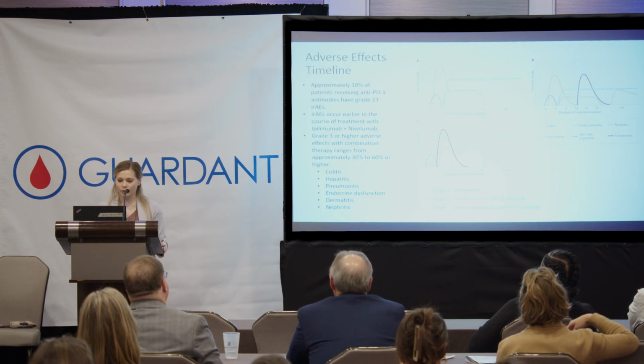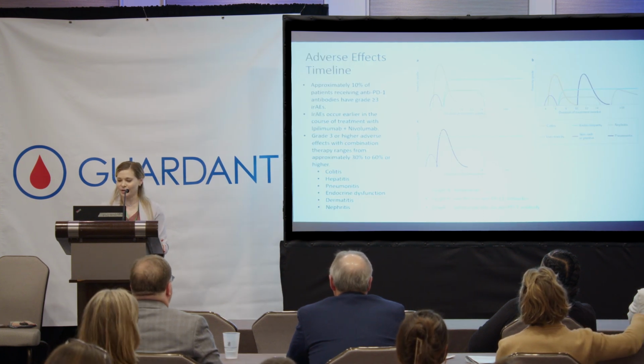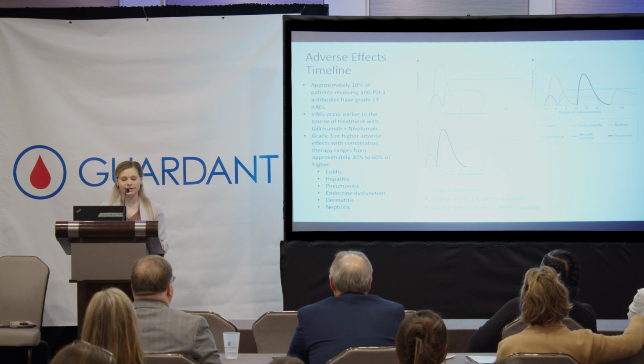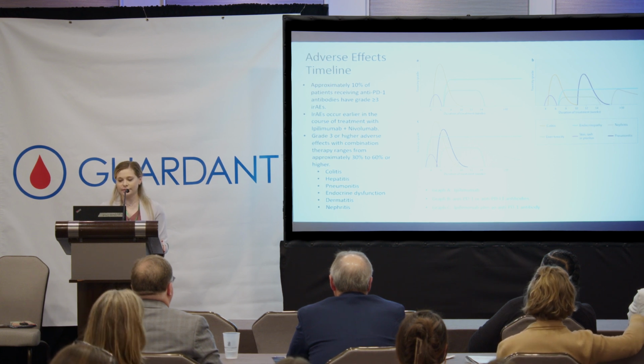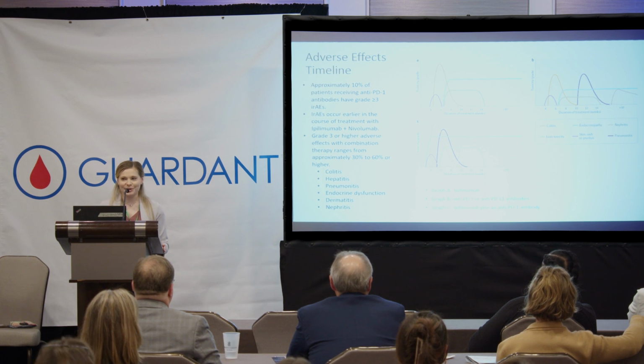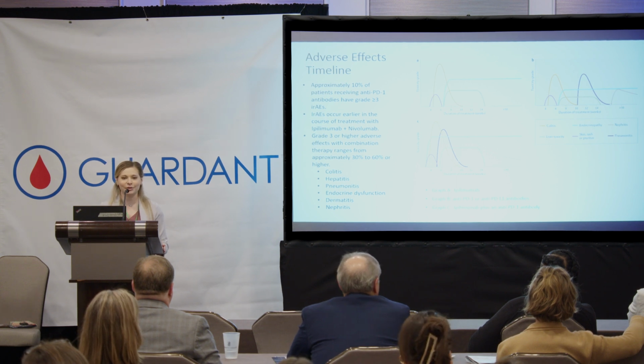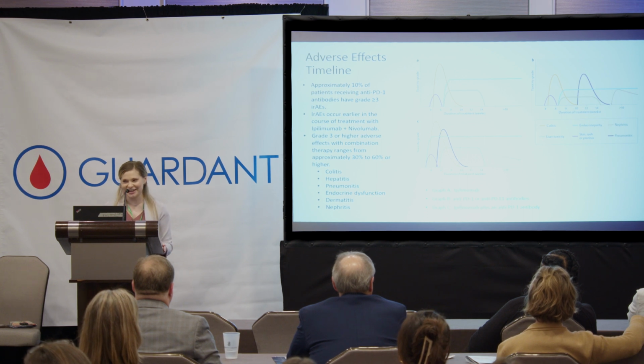While some adverse events may appear early in the treatment process, others can happen weeks to months after initiating treatment. Side effects are possible even after stopping. Usually on that last slide, when I'm talking to my patients about side effects for their upcoming immunotherapy treatment, that's when they start getting nervous. They say, I walked in here feeling okay, and then you just went through this entire list of scary side effects.